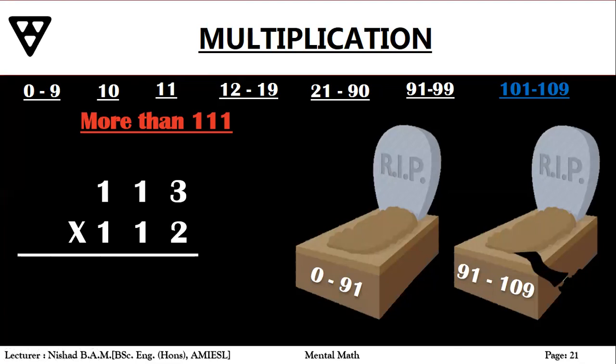These are near to 100. So we have to obtain that 100 over here. After that, for 113 and 100, we have to find the difference between those two numbers. How much will it be?